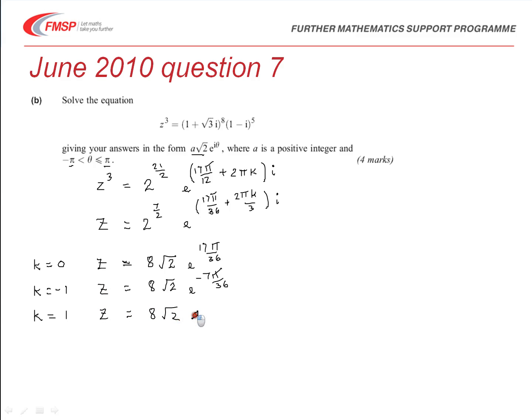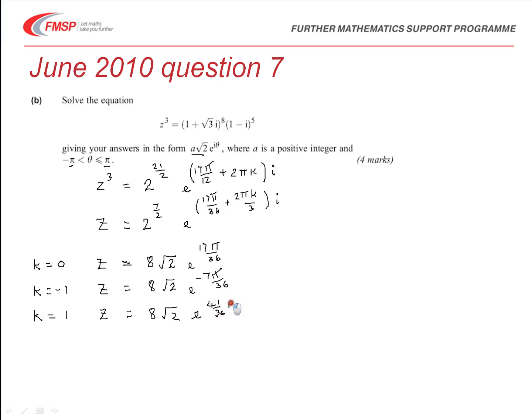And then it's going to become e to the power of, well, it was 17 pi over 36 minus 24 over 36 before. So now this is 17 pi over 36 plus 24 pi over 36. So 17 plus 24. Actually, it's not going to work, is it, having just said that, because that is going to give us 41 over 36 pi.